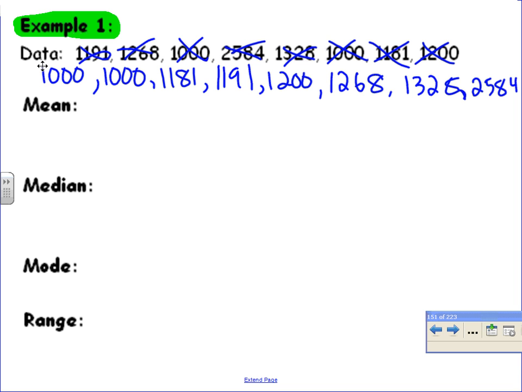Okay, we now need to find the mean, which is the average. I want you guys to take your calculator, add up all the numbers. When you think you have an answer, put your hand up.